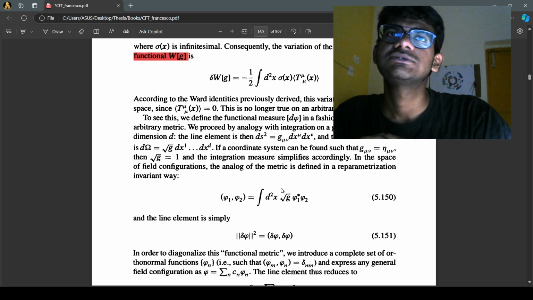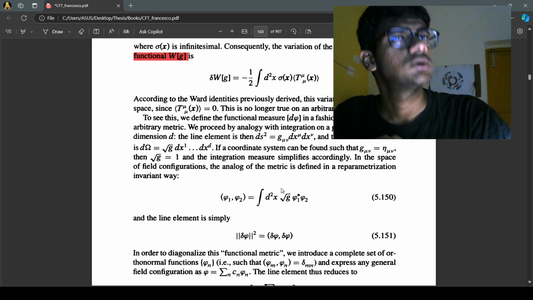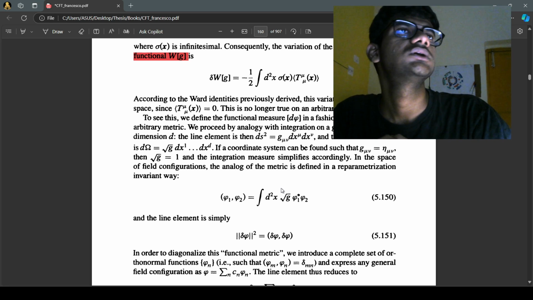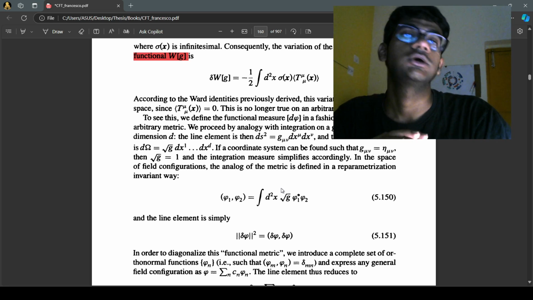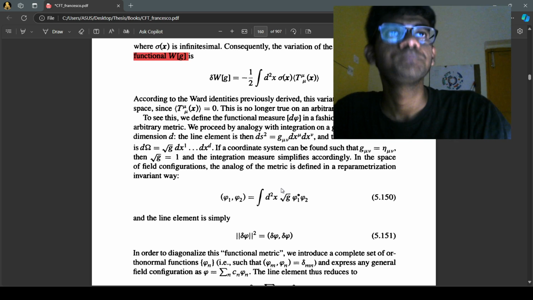Again we are in 2 dimensions, I suppose. Phi 1, phi 2. What are these phi 1 and phi 2? I suppose they're just fields. Okay, sorry. In the space of the fields, we have 2 fields, phi 1 and phi 2.